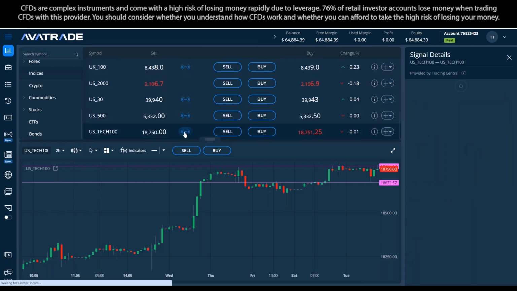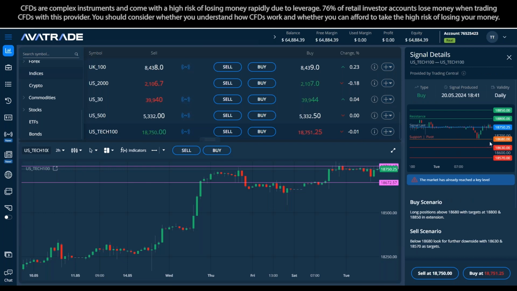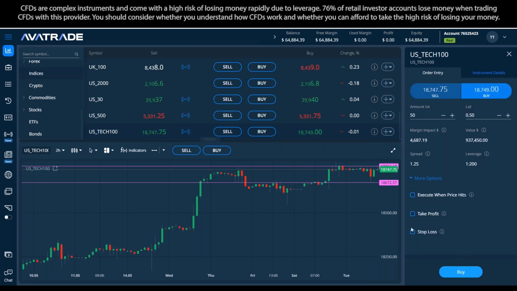And so 18,680. Okay, that's where it bounced from, 18,680. 18,825, that's where we had our take profit, right in the middle of the zone. So 18,680 is the pivot. So if we are indeed buying here and we want to be below the pivot, we say 18,675, okay? Which I think is what we had put.